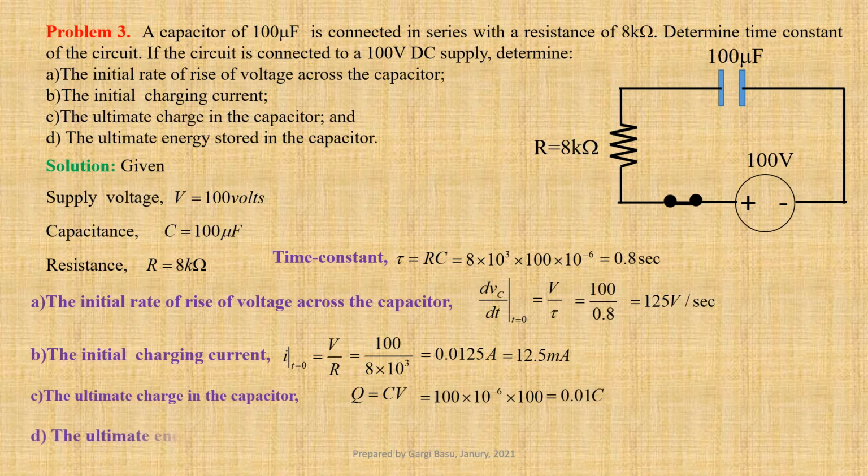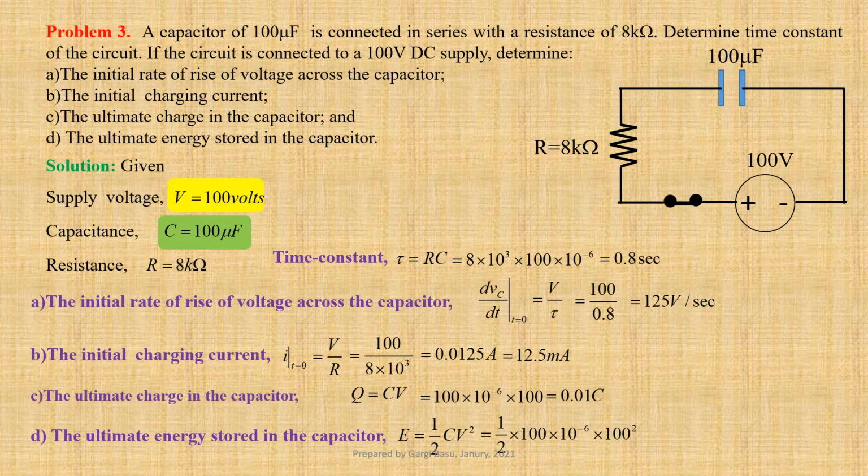The ultimate energy stored in the capacitor E equals 1 upon 2 CV square, that is equal to 1 upon 2 into 100 into 10 to the power minus 6 into 100 square, that gives us 0.5 joule.